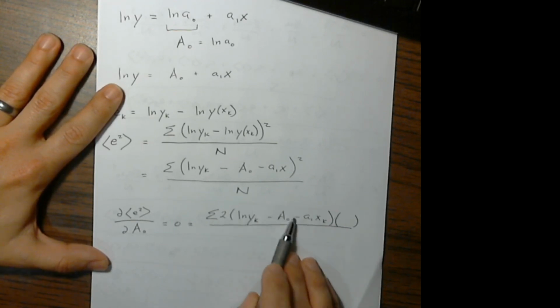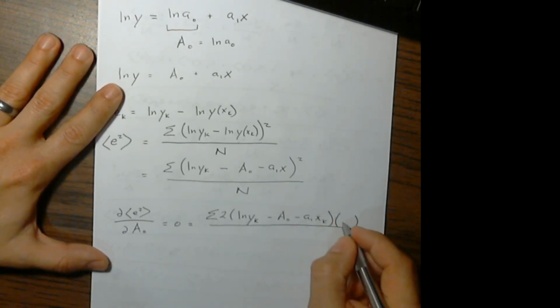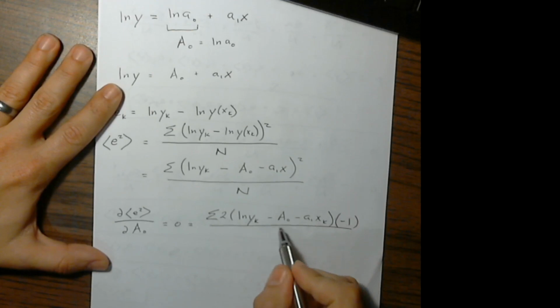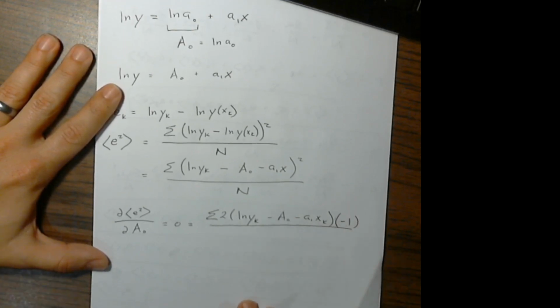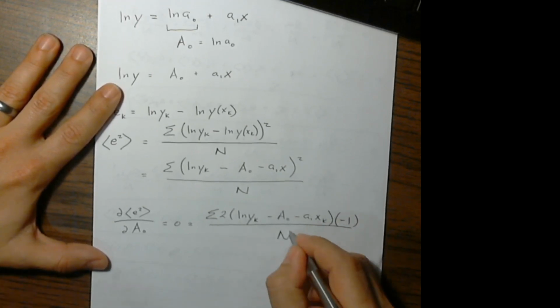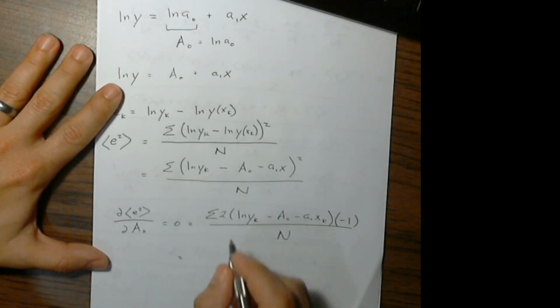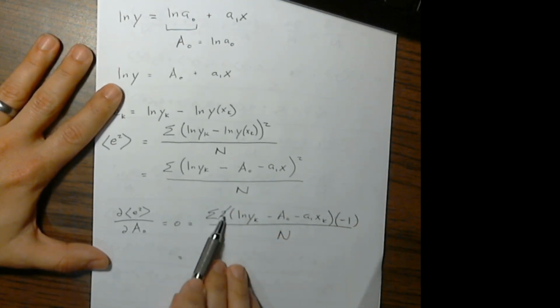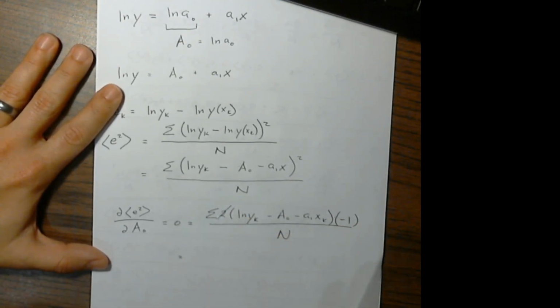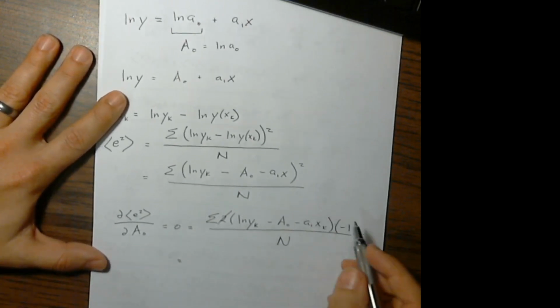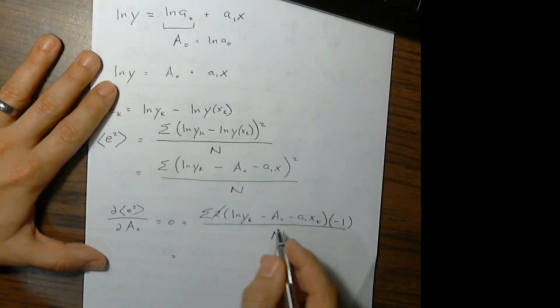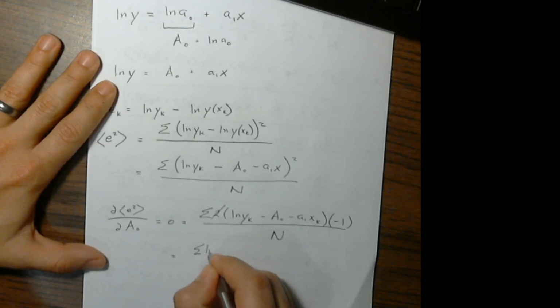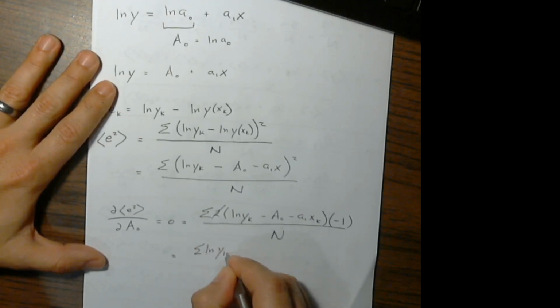The derivative inside of here is easy. It's just -1. That's the derivative of this term with respect to A0. And that's all divided by n. Well, just like before, we can blow away the 2 because we can divide 0 by 2 and it is still 0. So now I'm free to distribute my summation.